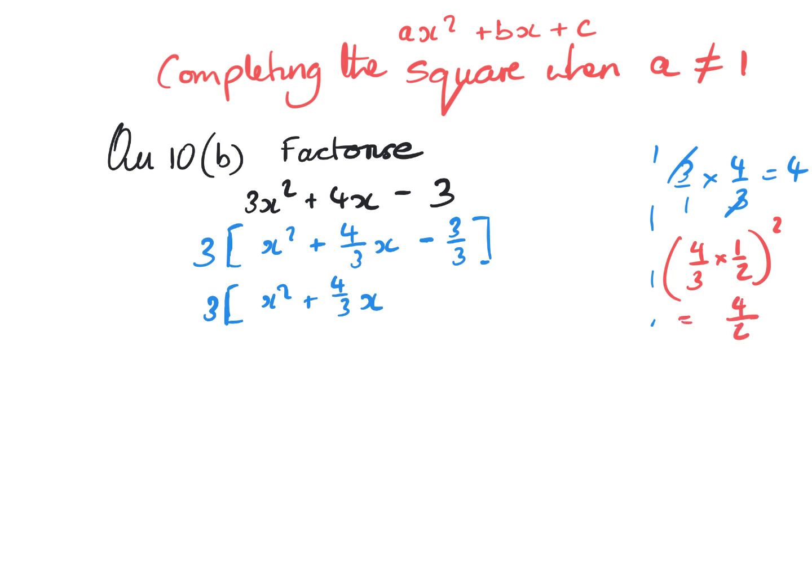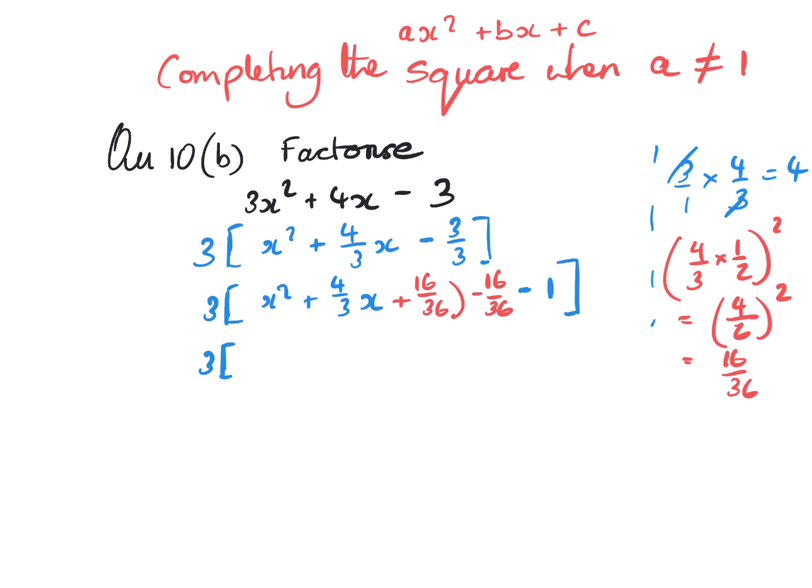So 4 over 6 all squared is 16 on 36. So plus 16 on 36 minus 16 on 36, and then don't forget the minus 1, 3 on 3. Now, again, the process is the same.